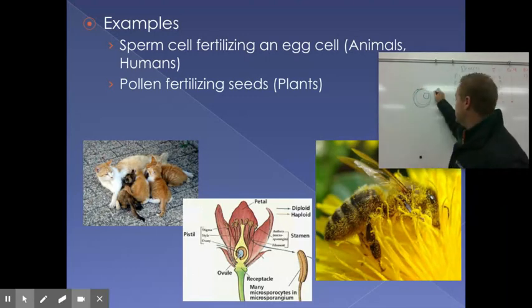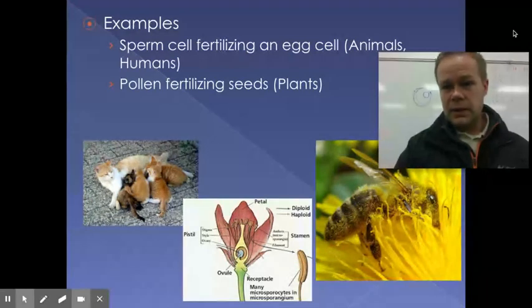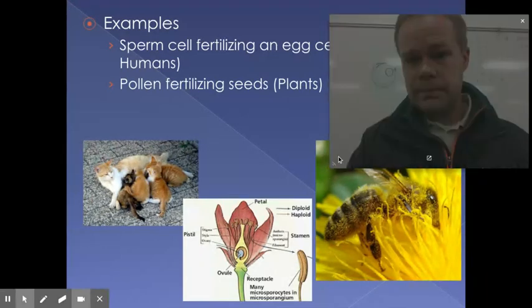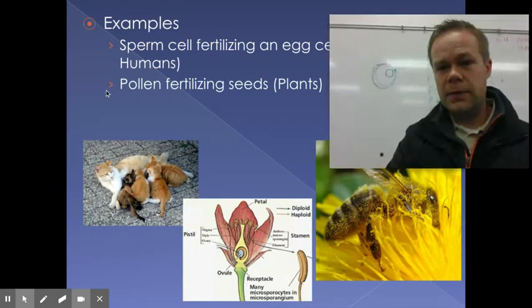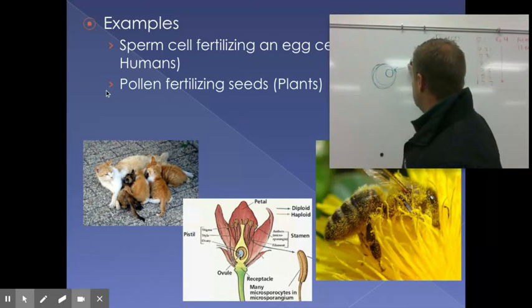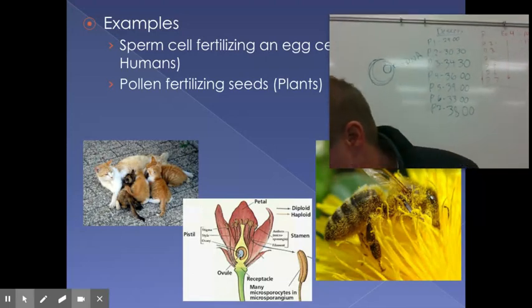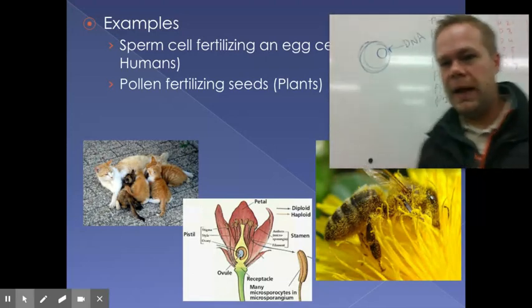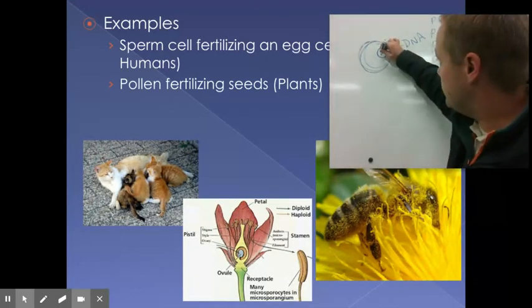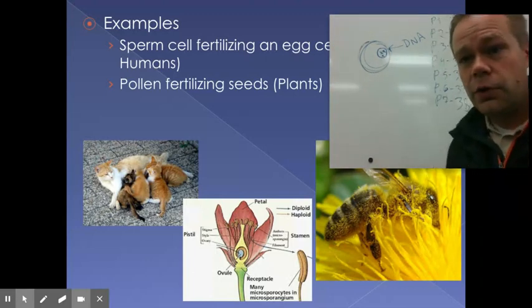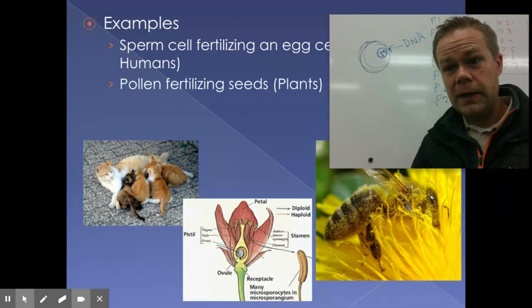The nucleus is where the DNA is found. See if I can make this bigger here. Okay, so in the nucleus is the DNA, right? And that DNA is bound up in these little bundles, as we know. They look like X's, called chromosomes.